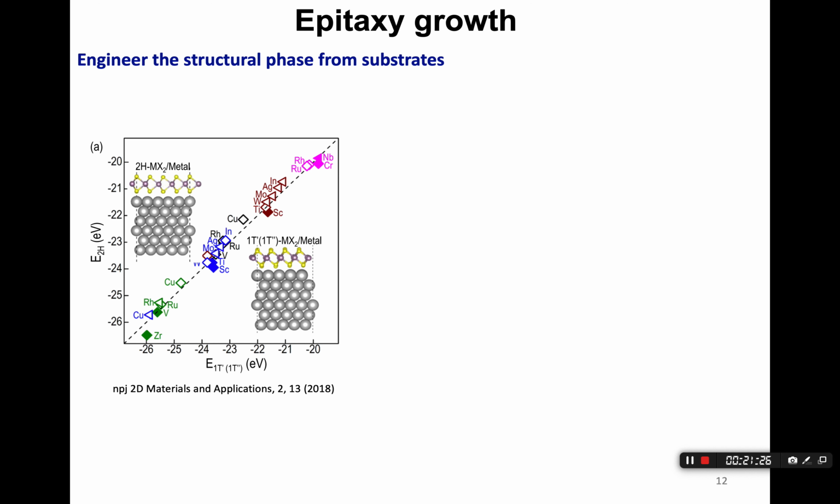In this figure, all the filled symbols are the metals that can trigger a phase transition, but all the open circles are the metals that will not. The mechanism behind such behavior can be described by a charge transfer from the metal to the MX2, the transition metal dichalcogenide.